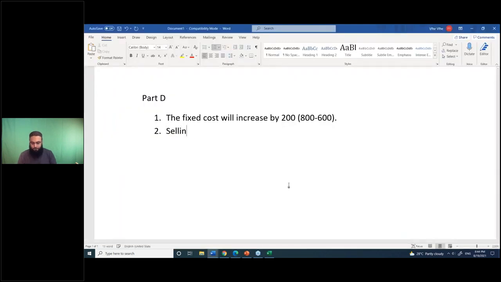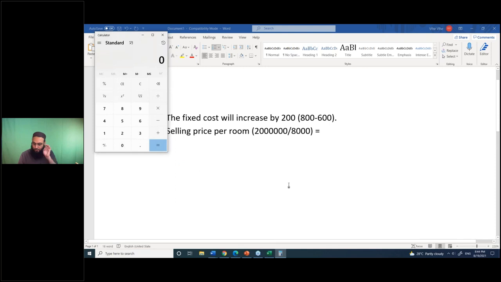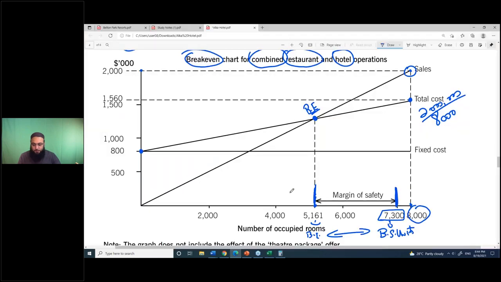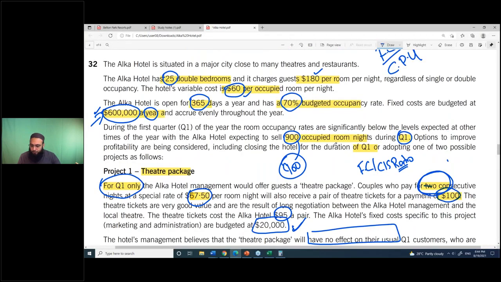So my selling price per room is how much? Let me work out. It's 250 per room, compared to previously how much it was? 180 per room.